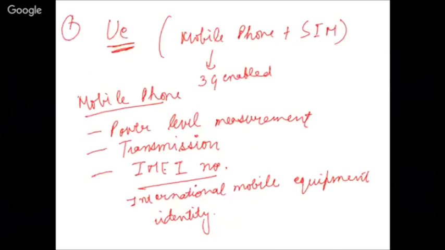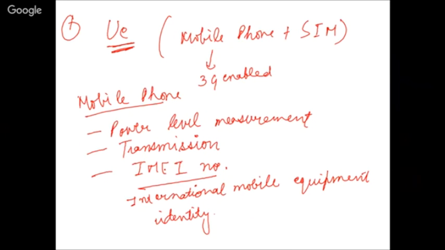So this was about the mobile phone, but our user equipment is made up of two things: mobile phone plus the SIM. Mobile phone has functions or features like power level measurement, transmission, and the IMEI number. As I told you, the IMEI number is very essential because it helps us in tracking.